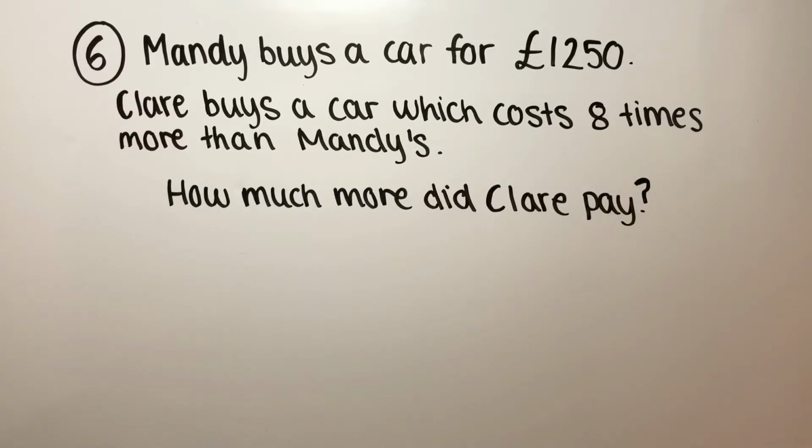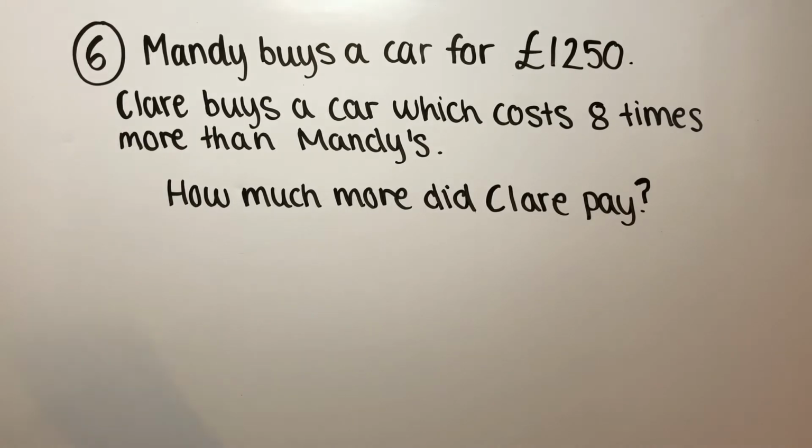Question 6. Mandy buys a car for £1,250. Claire buys a car which costs 8 times more than Mandy's. How much more did Claire pay? What we're going to do first is work out how much Claire's car cost.